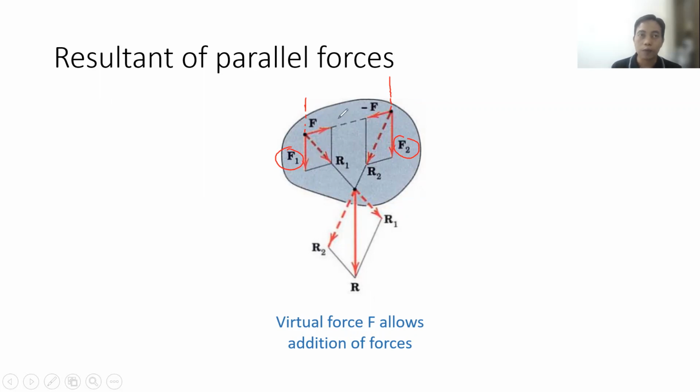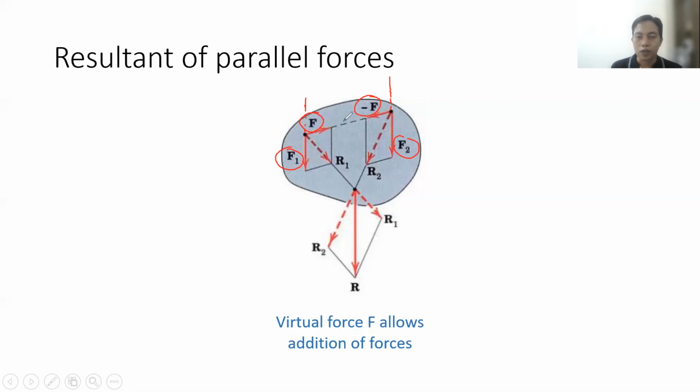So here we modify the force by adding a virtual force. Actually, this force F and minus F does not appear; they don't exist in the body. It's just a mathematical modification.